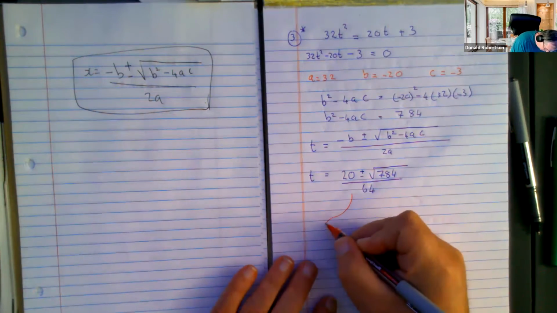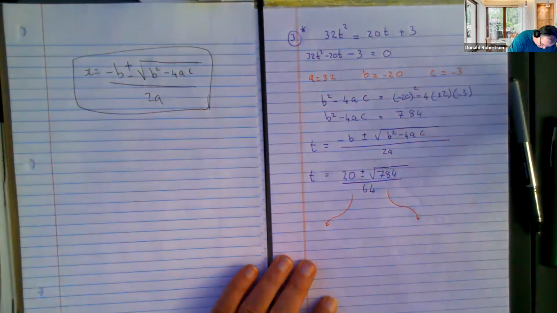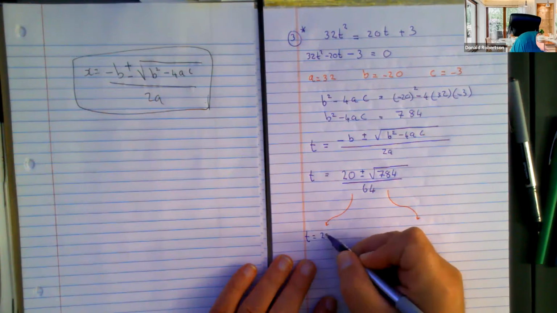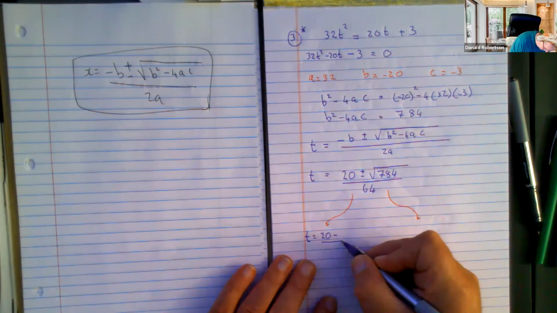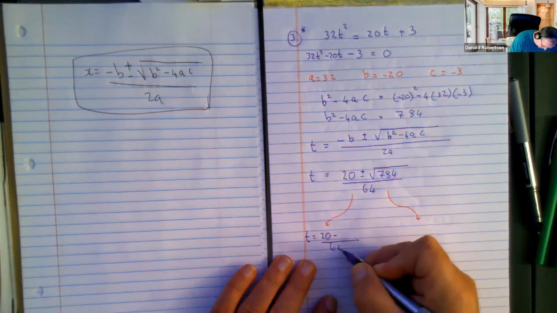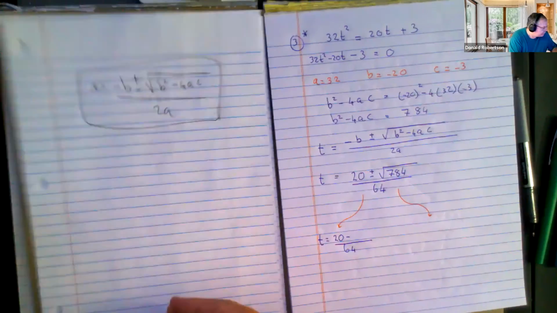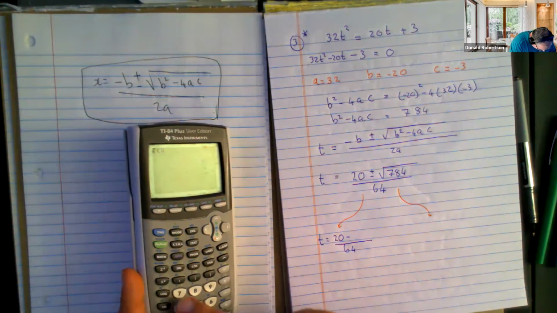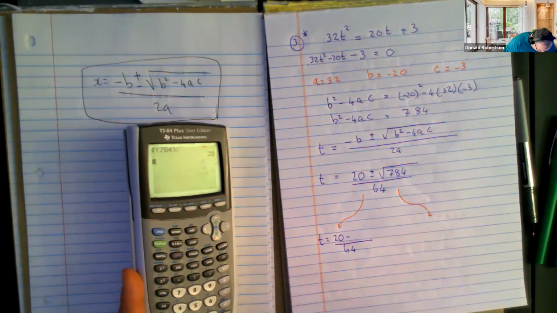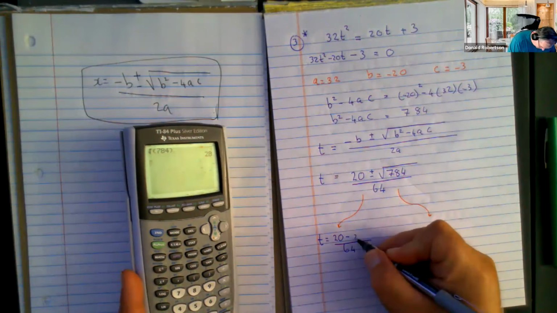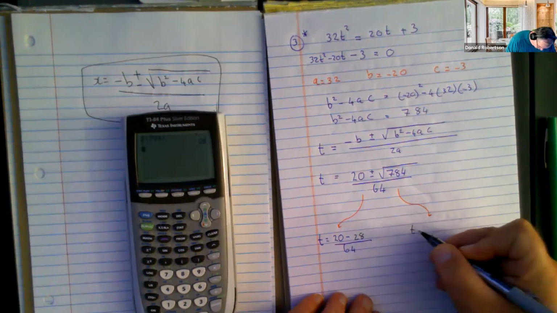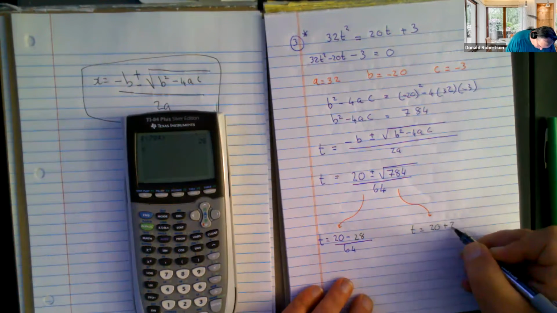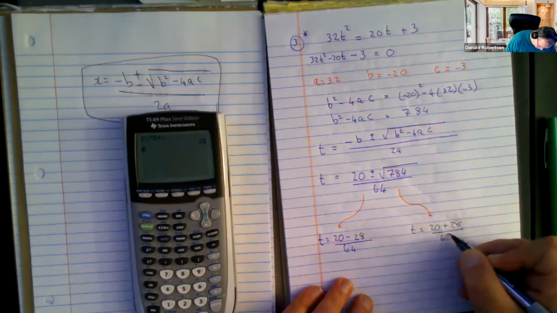So let's see what our two solutions are going to look like. t equals 20, take away the square root of 784. So I'm going to hope that the square root of 784 is a nice number. And guess what it is? It's 28. And the other solution is going to be 20 plus the square root of 784 all over 64.